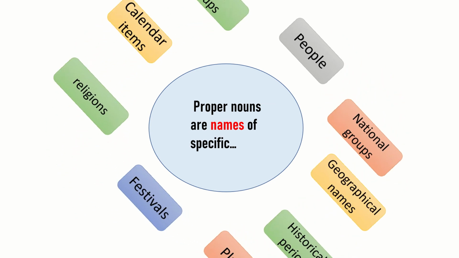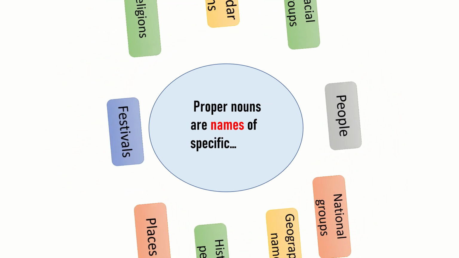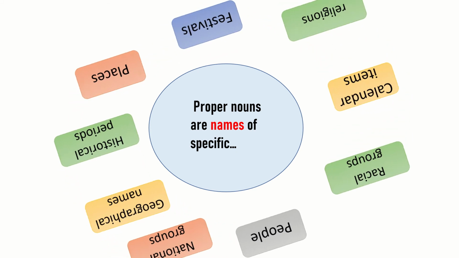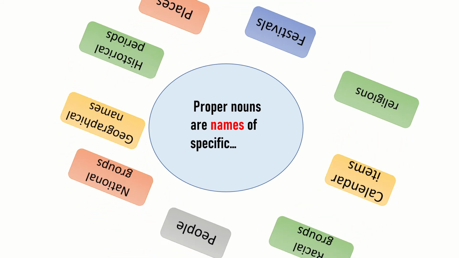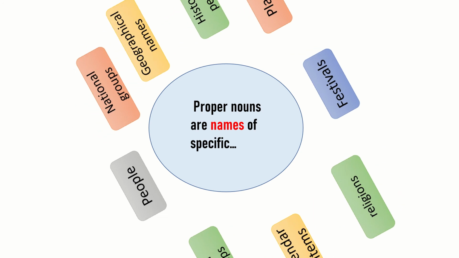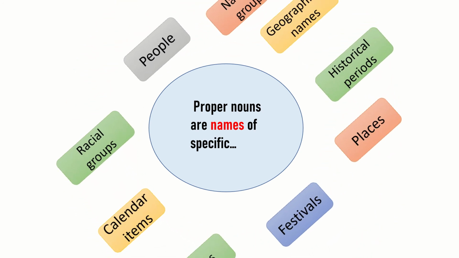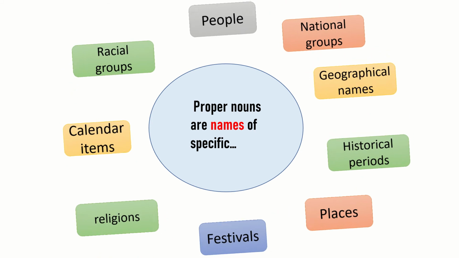So let's recall the learned items. Proper nouns are names of people and national groups. We can take examples for national groups such as Sri Lanka, India, names of countries, and geographical names. We talked about it.